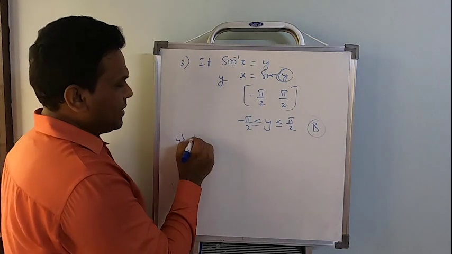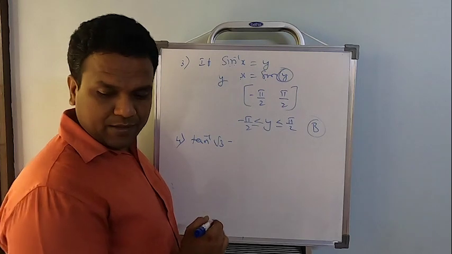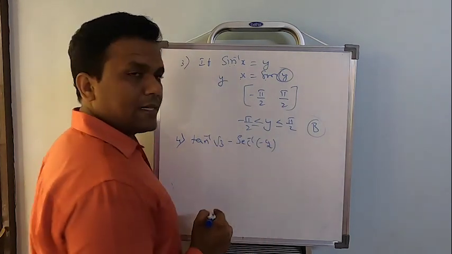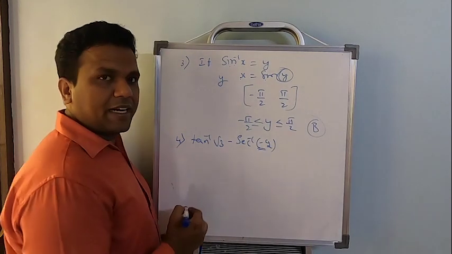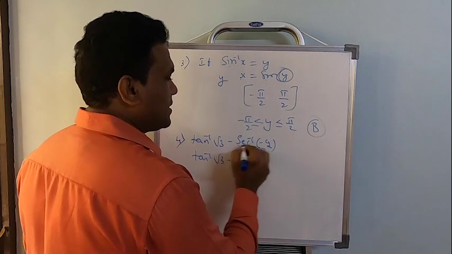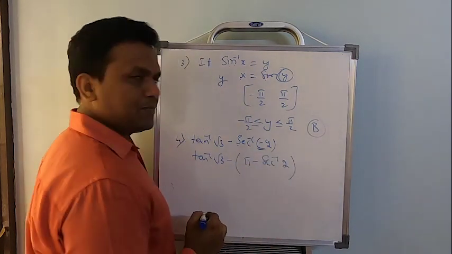Now let's go to problem number 4. You have to find the value of tan inverse root 3 minus secant inverse minus 2. Let us start simplification because of the negative sign here. Secant inverse minus x is pi minus secant inverse x.